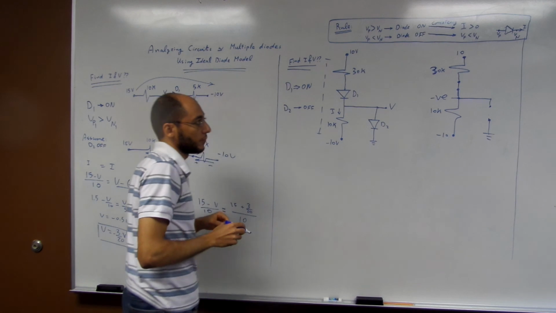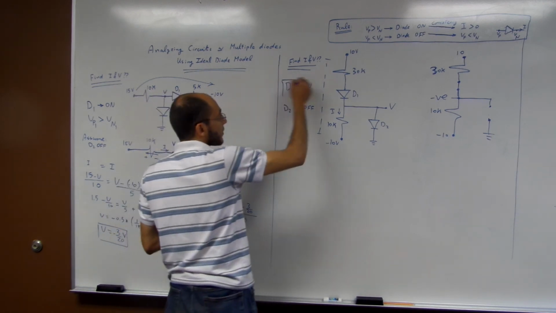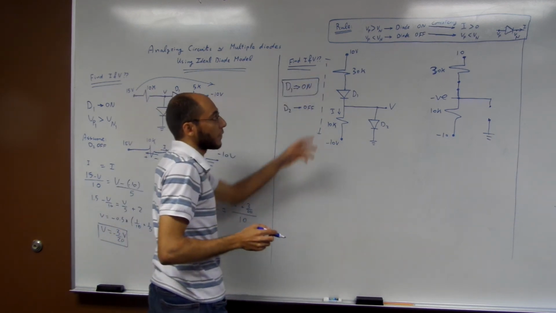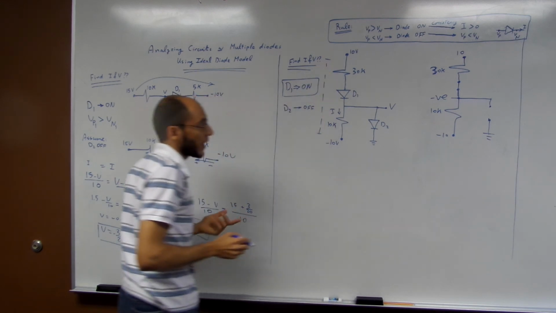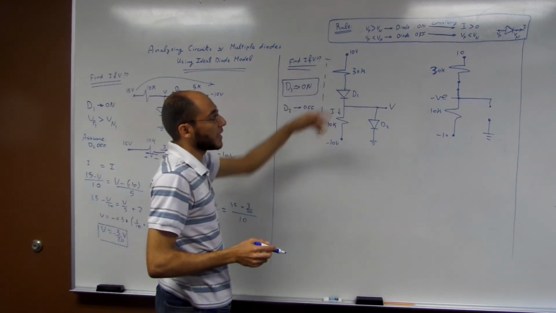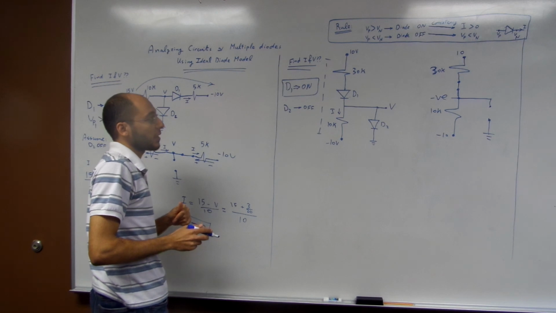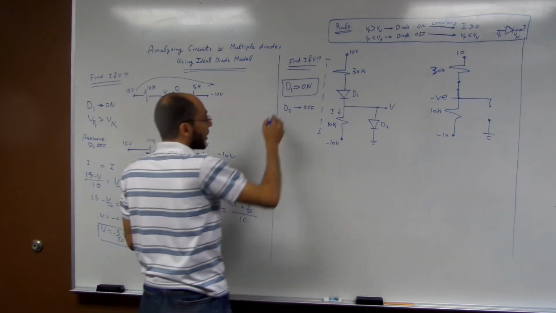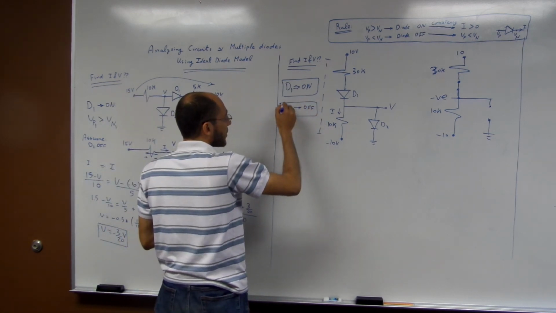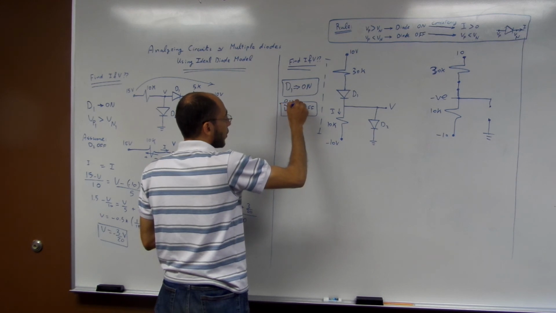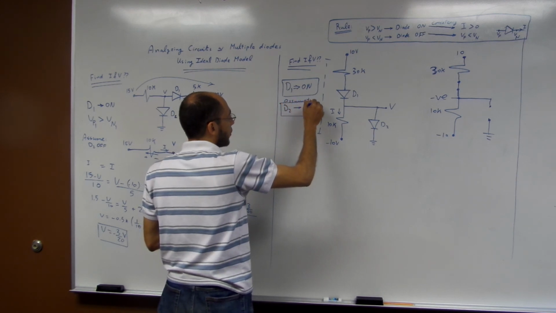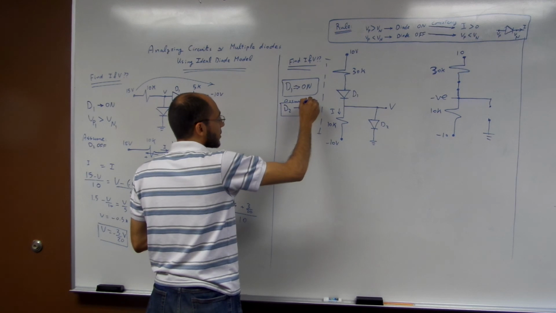That's an assumption. Alright? This is a fact. I know this. I do not have to prove it because I've already proved it. It's already in the forward path. In that simple circuit, it's really easy to decide that D1 is going to be on. But D2, that's an assumption. Okay? That is an assumption.